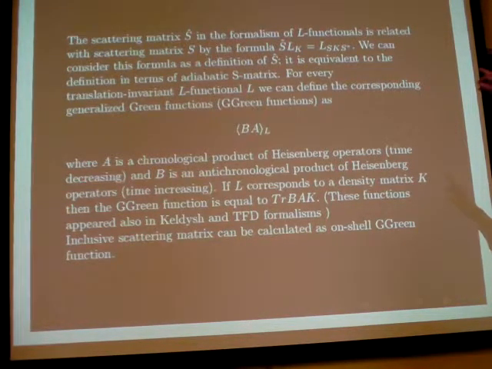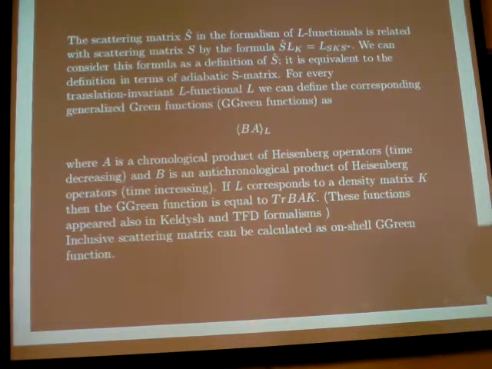Not very surprising, because you see from this formula that you have here S and S conjugate. So matrix elements of L functionals are bilinear, or better to say sesquilinear, functionals of matrix elements of the usual scattering matrix. So this is true also for inclusive cross-sections.